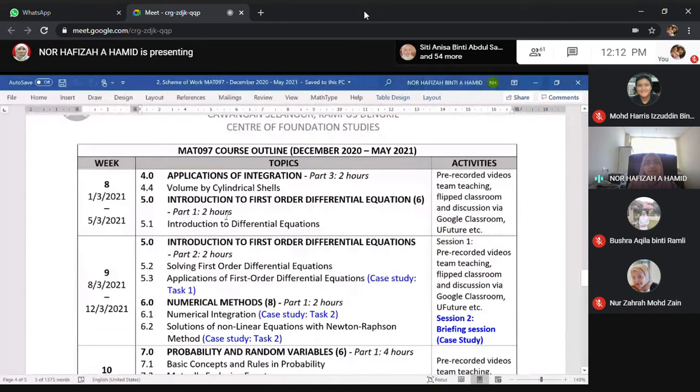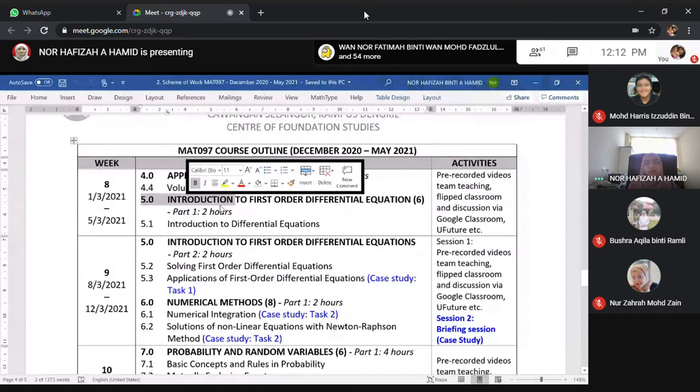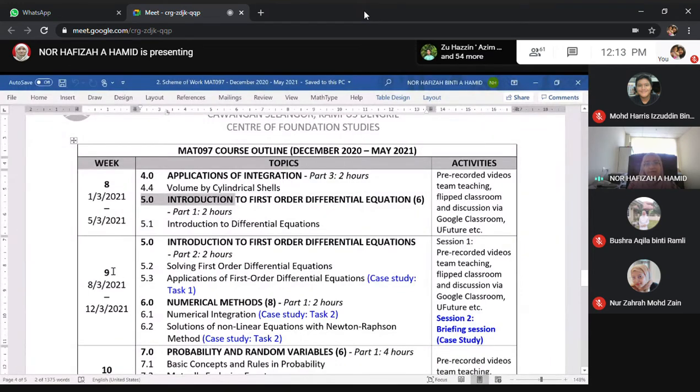Week 8 is still applications of integration, and for the second lecture we continue with introduction to first order differential equation, chapter 5. Chapter 5 is 6 hours, until week 9.